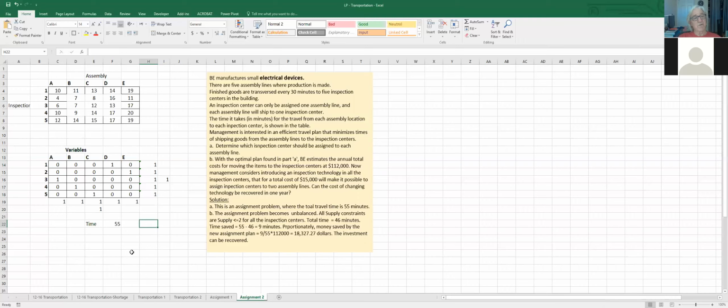So what I want to do with this balanced problem, and maybe I'll remind you what the problem is, so I'll save the reading for home. You have 5 assembly lines, and they look for services of inspection from 5 inspection centers. Each inspection center can only serve 1 assembly line, and each assembly line needs exactly 1 inspection center, because of the way the devices produced are separated among these assembly lines and because of the expertise that each inspection center has developed.